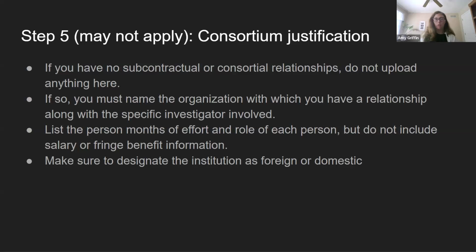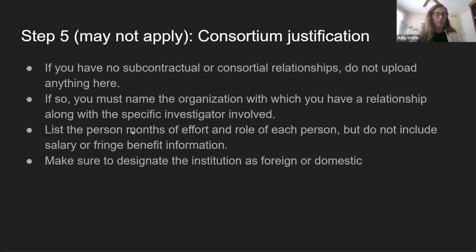All right, next, if you have a consortium or a subcontractual relationship that is included in the proposal, then you'll have to provide a consortium justification. If you don't, then you don't need to upload anything under consortium justification. Just leave it blank. If you do, you have to name the organization with which you have a relationship, along with the specific investigator involved.